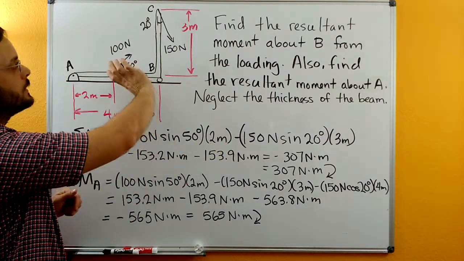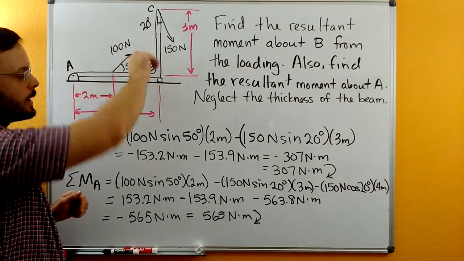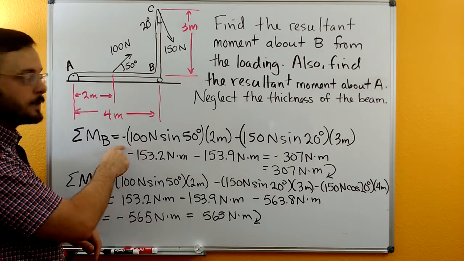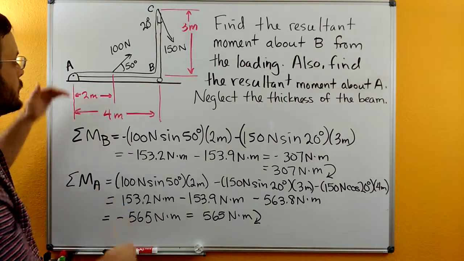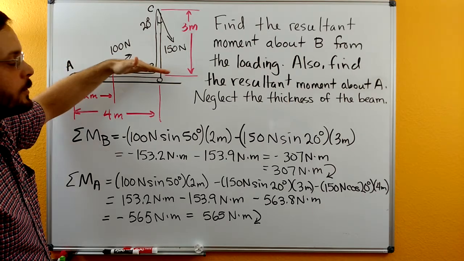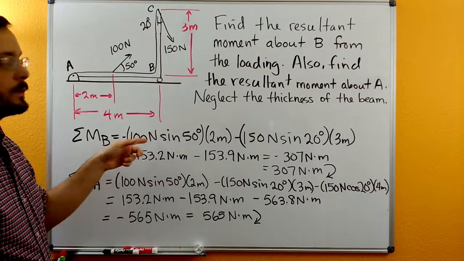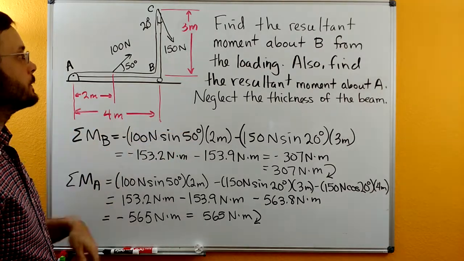About point B, that y component gives us a negative, clockwise moment, so the negative sign here. The x component of the 100 newtons goes through point B, so it can't contribute a moment. There is nothing in this equation from the x component.